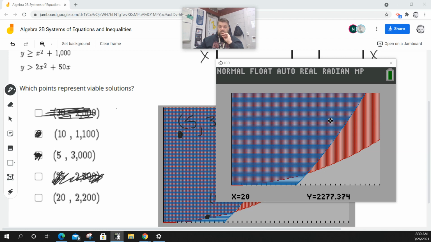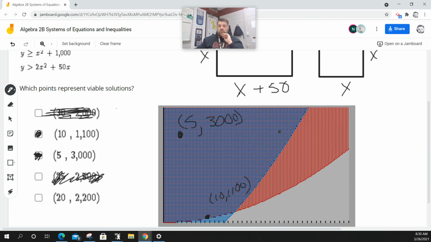As I get closer to 2200, we can see that it's going to be in both regions. Somewhere over here, we have 20, comma 2200. It's in both shaded regions, so that's a good answer.